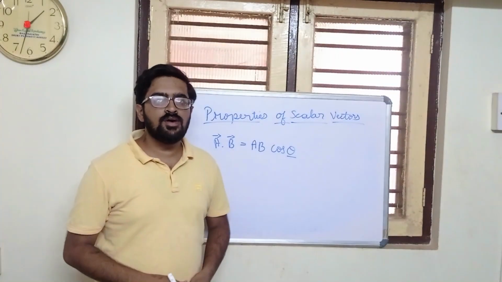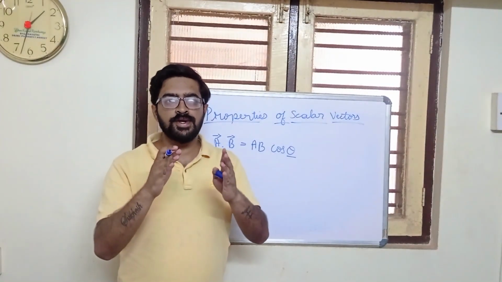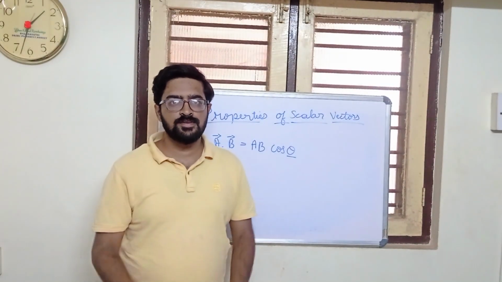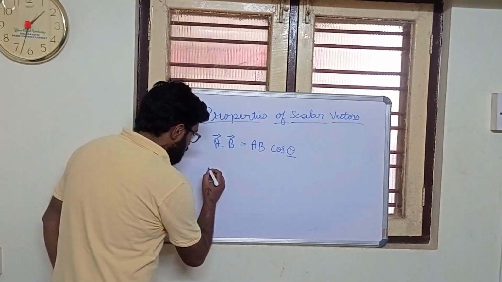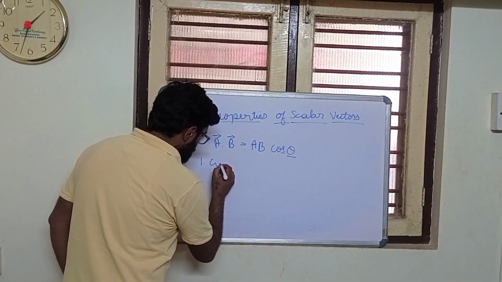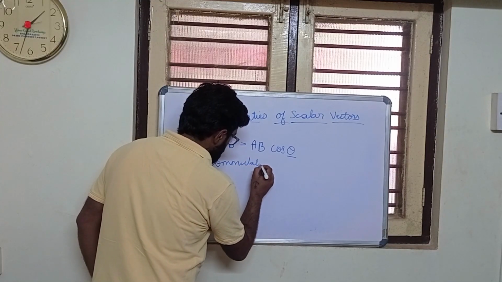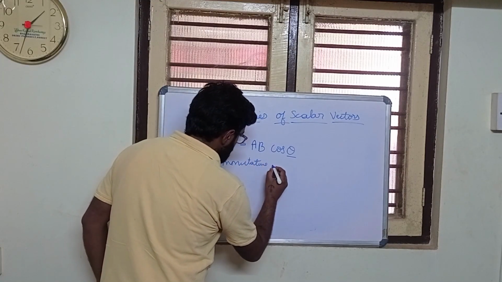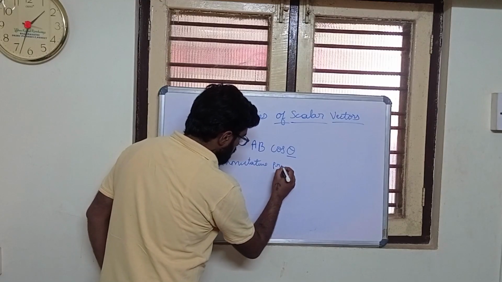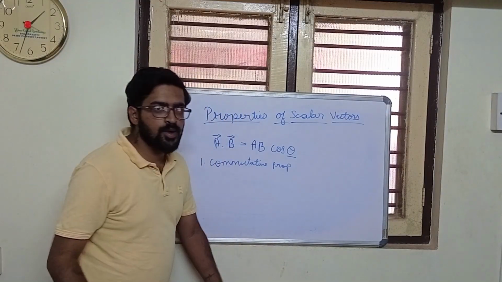Let's see what the commutative property of vectors is. First one, commutative property.